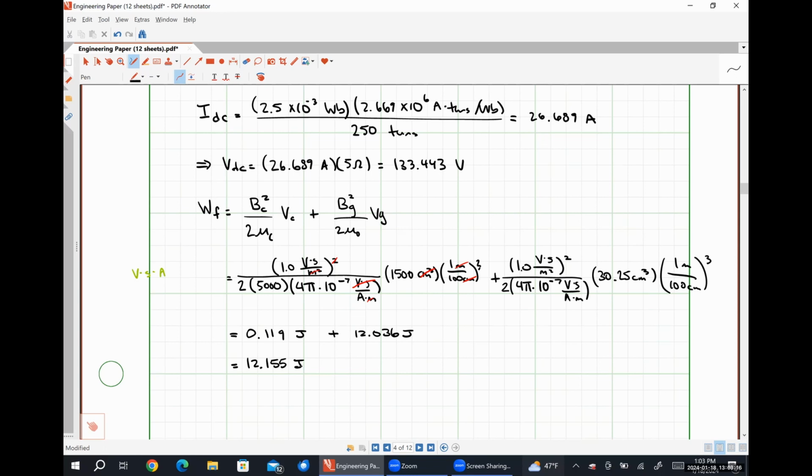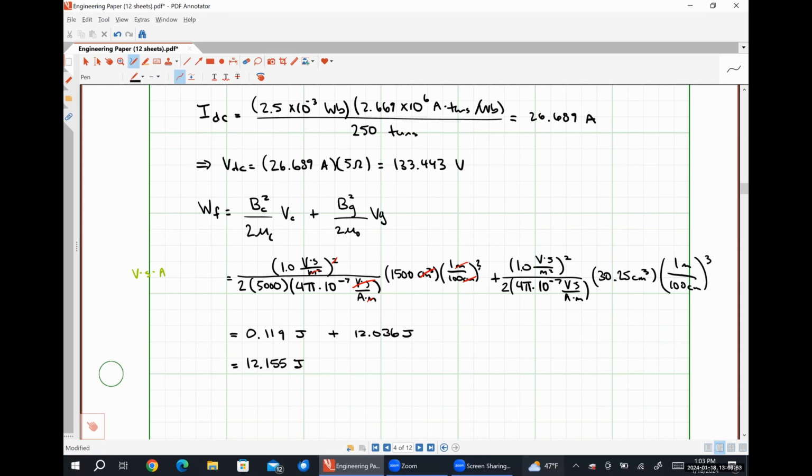So realistically, we could have neglected the energy stored in our core and lost effectively next to no information whatsoever about what our field energy is doing. That is because our air gap linearizes all of our relationships, right? So effectively, our field energy is just linearly dependent on our air gap volume in this case.